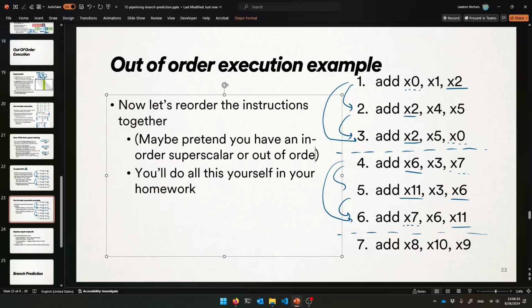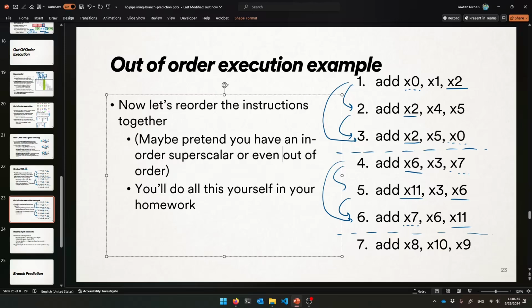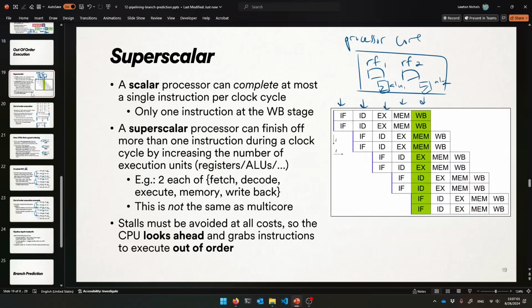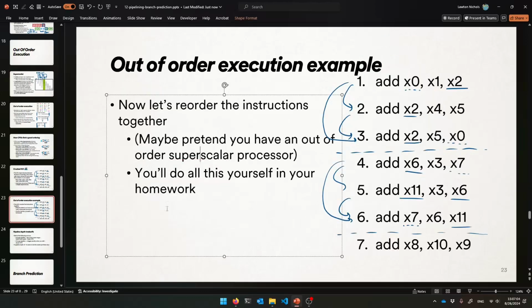Let's go crazy and do as much as we can out of order, even. So you have out of order, superscalar. Did I spell it wrong? I did. All right, so for example, let's see what we got here.